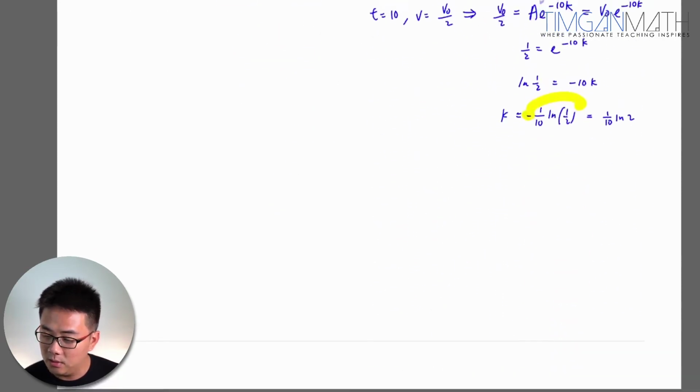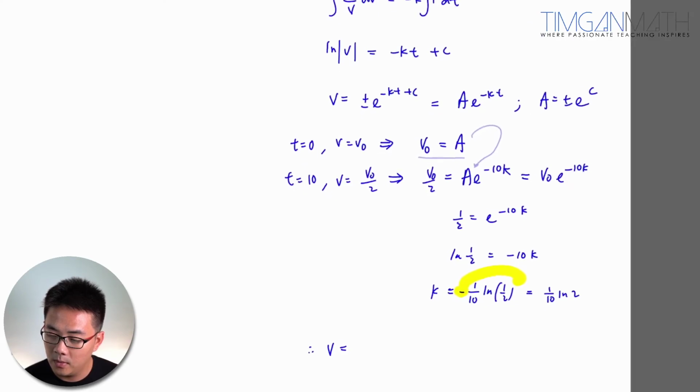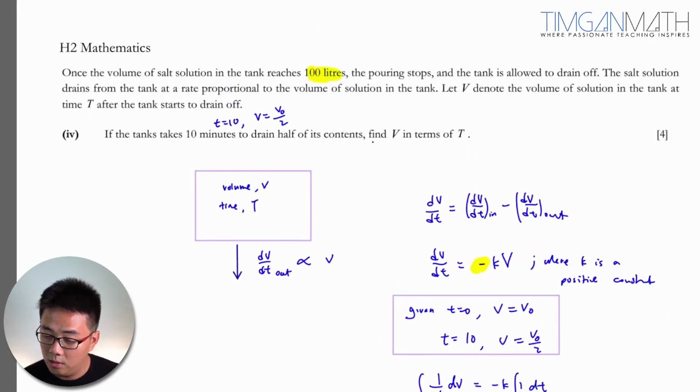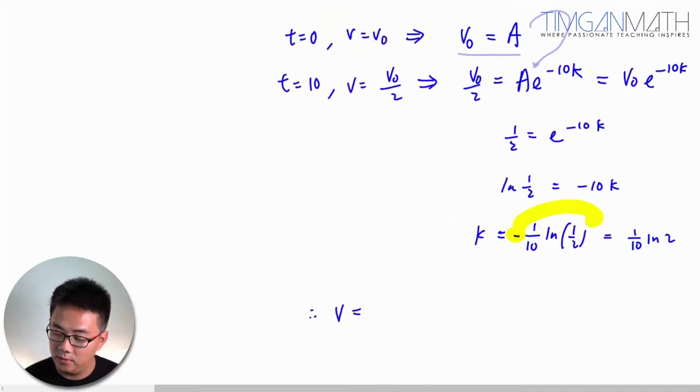Find V in terms of t. So there you go. V equals, A is V naught, and V naught is 100 liters, so 100 e to the minus kt.